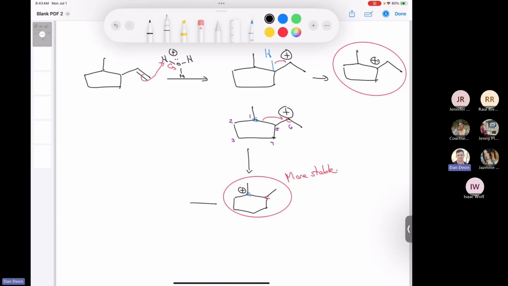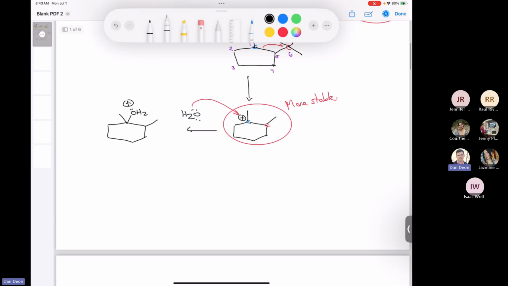And now water, which is the conjugate base of hydronium, can come in as my nucleophile and it can attack here. And then I'm going to end up with this intermediate, okay, this guy here. And we have our methyl group here. And then after a proton transfer, you're going to end up with this tertiary alcohol, okay?